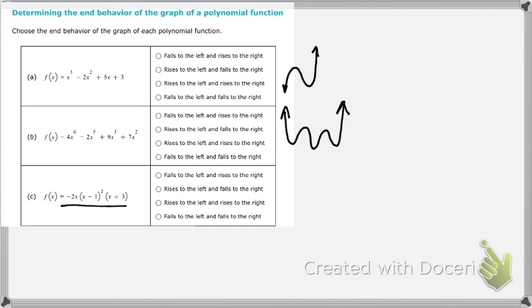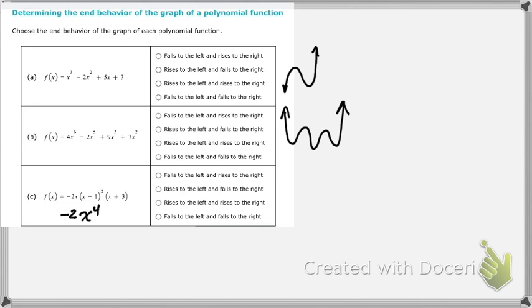All right, this one here, we have to think about it a little bit. I have to think, what if I expanded this? What would the degree be? So I would have x, and then here I've got x squared, and then here I've got x. So what's the degree going to be? x to the 4th, right? And then I also really have to pay attention to this negative 2. Negative 2x to the 4th. So what's that going to do?